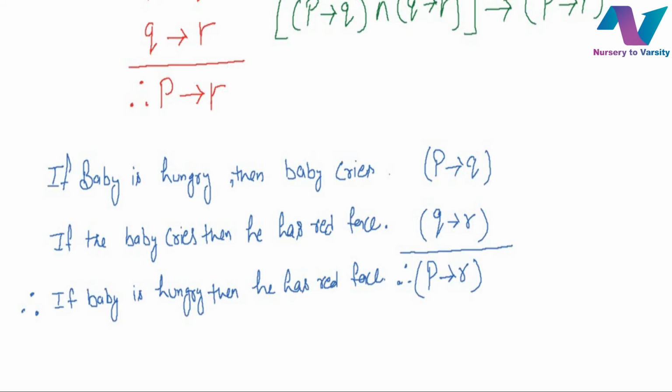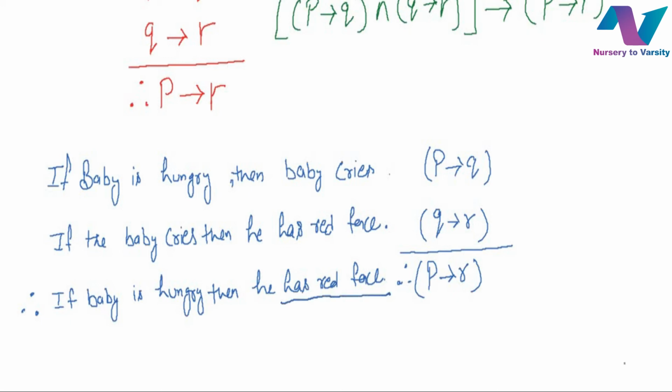It means P implies Q. If the baby cries, then he has a red face. So we are considering Q implies R. The baby is hungry is P, the baby cries is Q, and he has a red face is R. From the given premises, we can conclude that if the baby is hungry, then he has a red face. So this is our conclusion.